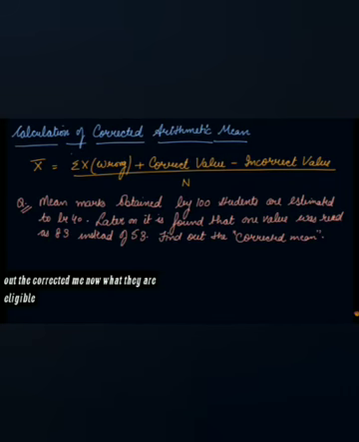Now what they are telling you is we have found the mean of 100 students' marks, which comes out to be 40. Later on it was found that one value was read as 83 instead of 53. Now find out the correct mean. Your correct value is 53, your incorrect value is 83. Now you have to find out summation x which is wrong.